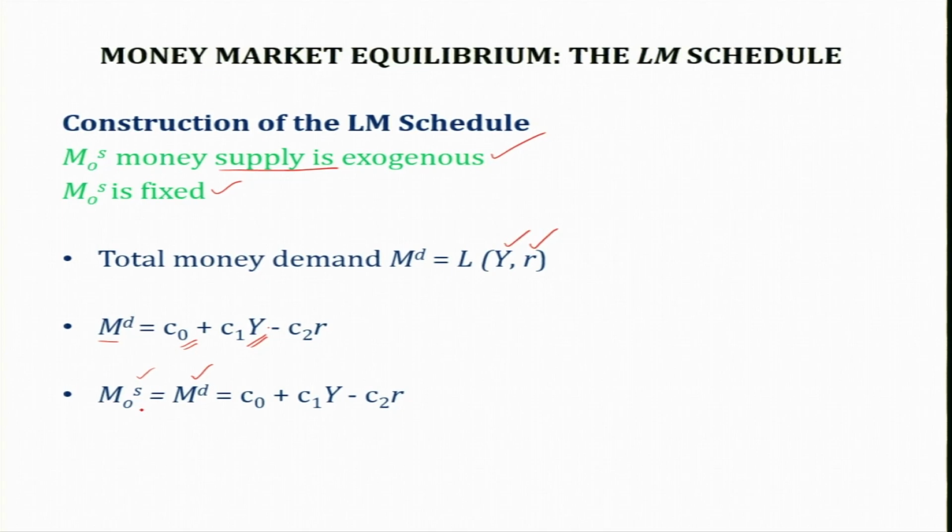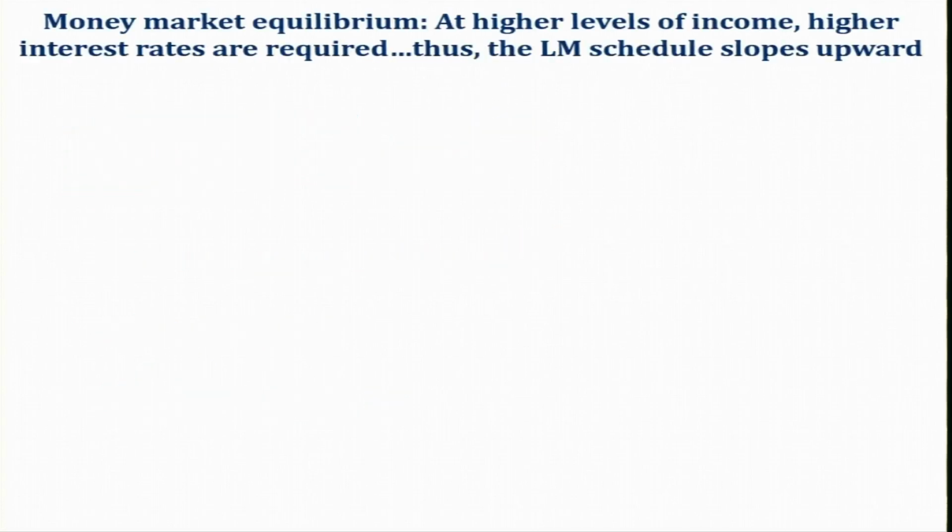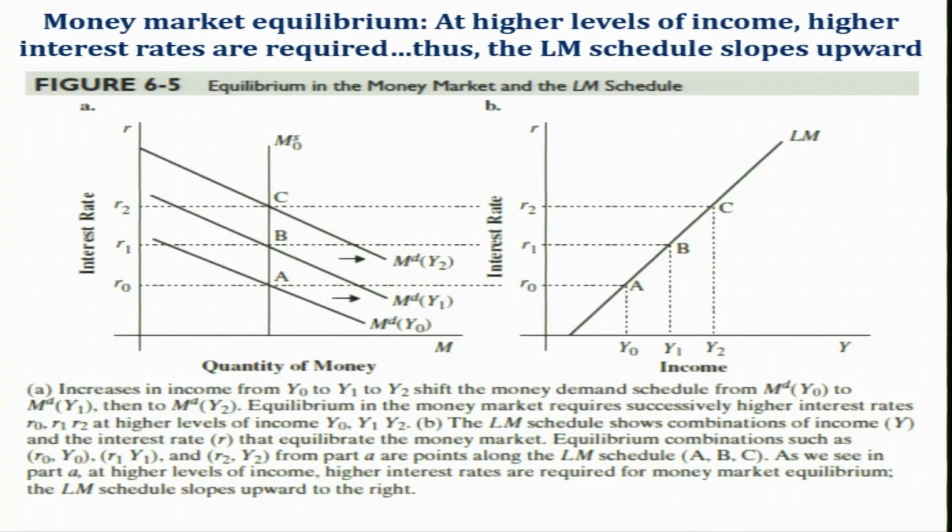For the moment, let us take money supply equal to money demand. In order to attain money market equilibrium, we are going to show that at higher levels of income, higher interest rates are required. Then we are going to show that the LM schedule slopes upward.